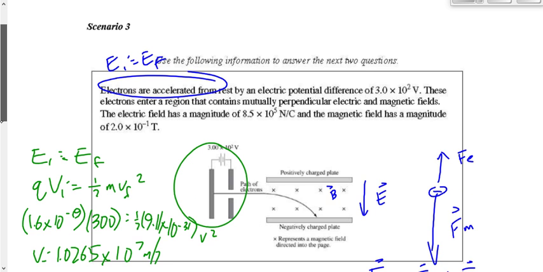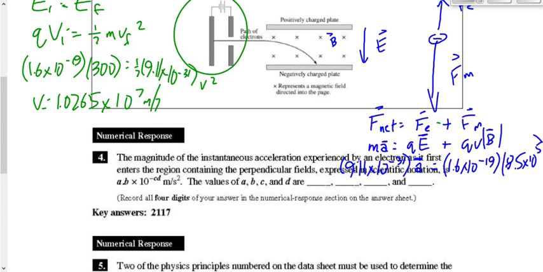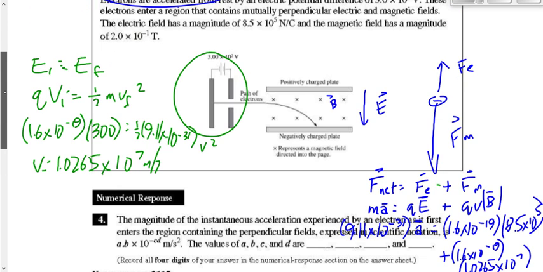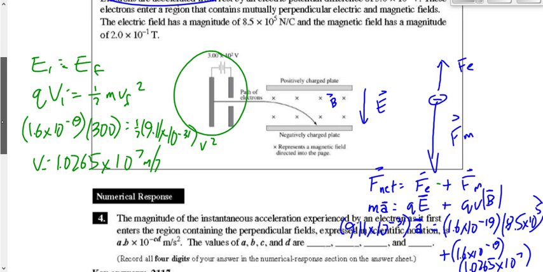Plus QVB. We know the speed of it because we found it, right? 1.0265 times 10 to the 7 times the magnetic field strength, which must be given to me up here somewhere. It is 0.20 Tesla.